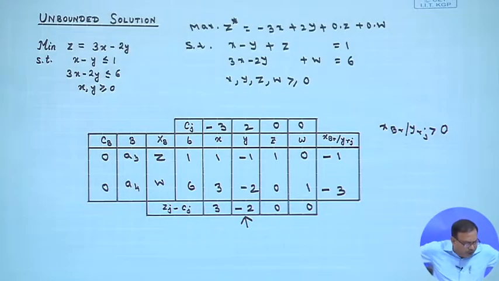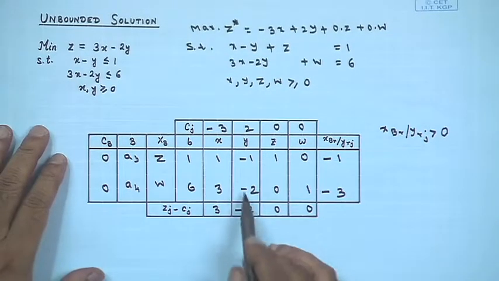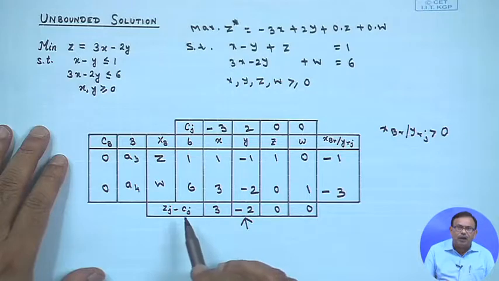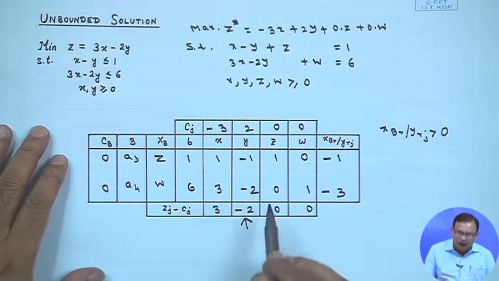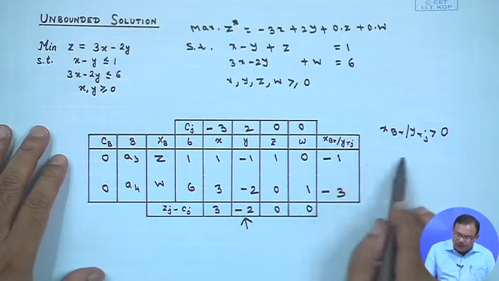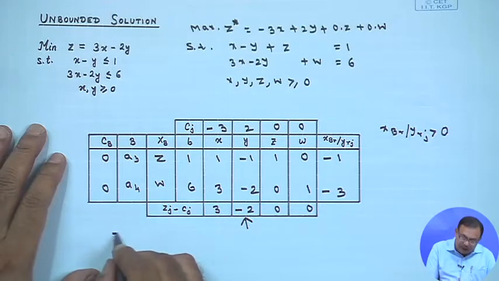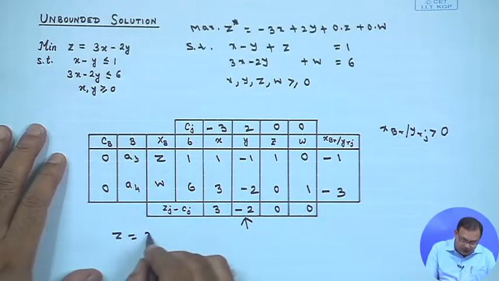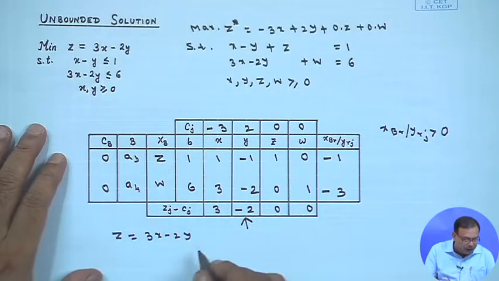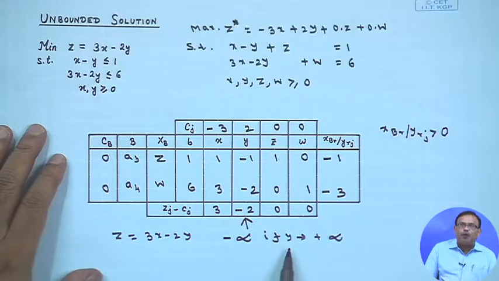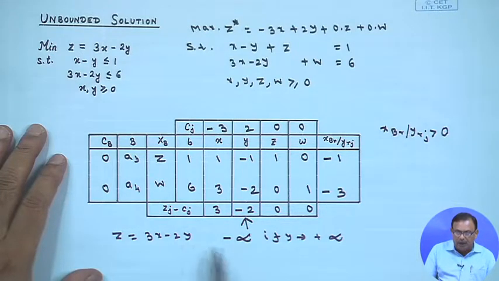What does it mean actually? That means if we start increasing the value of y, then the value of the objective function will go on changing indefinitely, because no other variable is departing from the basis. If you see z equals 3x minus 2y, this is your objective function, and this will decrease to minus infinity if y approaches plus infinity.